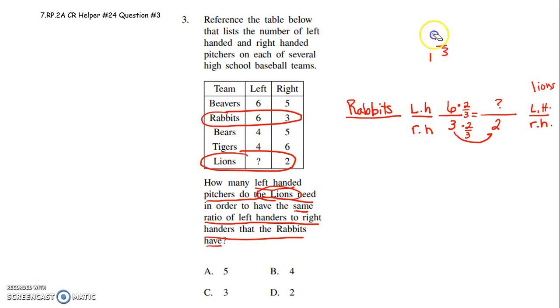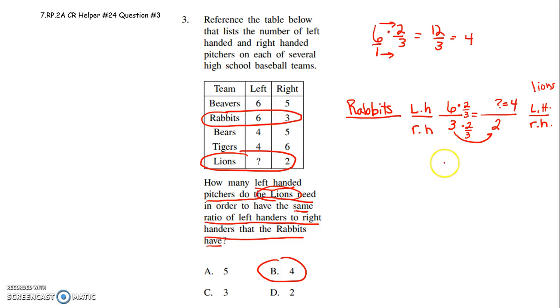Those are written a little close together. So now I have to do 6 times 2/3. 6 is the same as 6 over 1. I could multiply straight across the top, straight across the bottom. 6 times 2 is 12. 1 times 3 is 3. 12 divided by 3 is 4. So I can tell you the answer is 4.